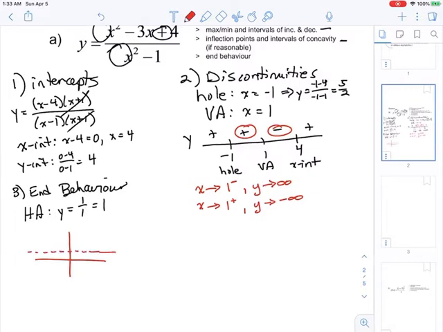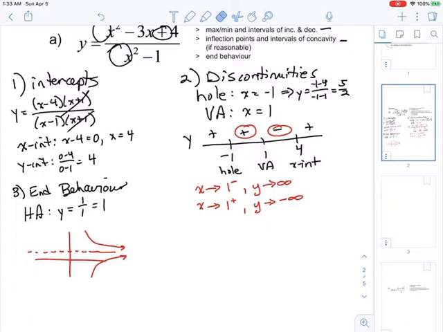If I'm approaching that axis from above, then the function is positive because it's above 1, and above 1 is a positive number. And if I'm approaching that from below, it's again positive because a number just below 1 is still a positive number. So it's not going to help us to determine its sign, positive or negative, because it's always going to be positive. So that doesn't tell us if it's above or below.